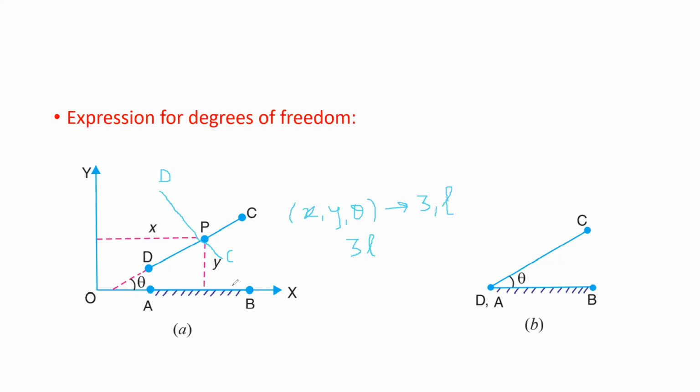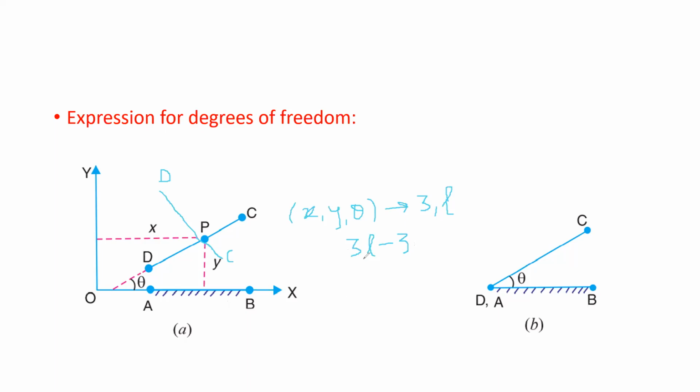We don't need any parameters to find the position of link AB at any time; we directly say it has been fixed on the x-axis. So if one link is fixed, its 3 degrees of freedom are not available, and the degrees of freedom of the mechanism reduce by 3.